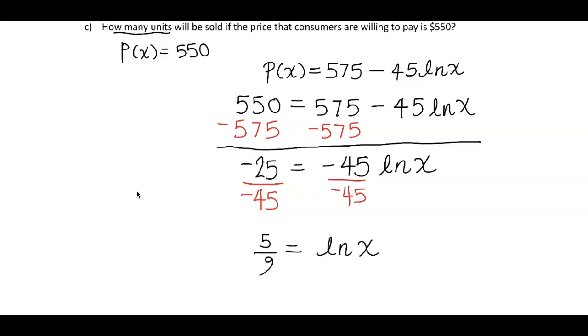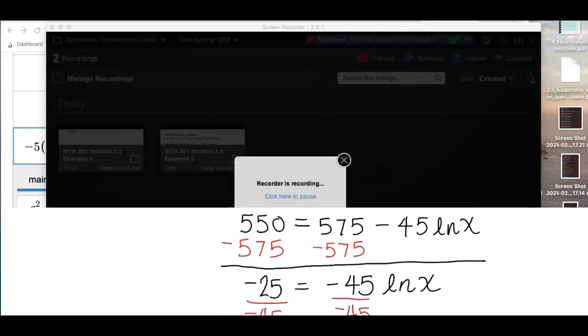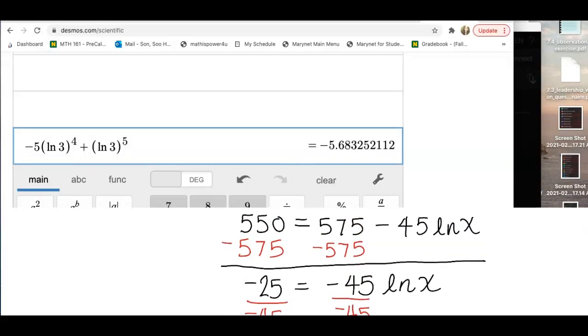In order to solve this for x, we will need to rewrite this in exponential form, right? So what's the exponential form? Base is e, power is 5 over 9, and that equals x. I'm going to type this into my scientific calculator. I'll say x is equal to e raised to the 5 over 9th power, which is approximately, we need a calculator, right?